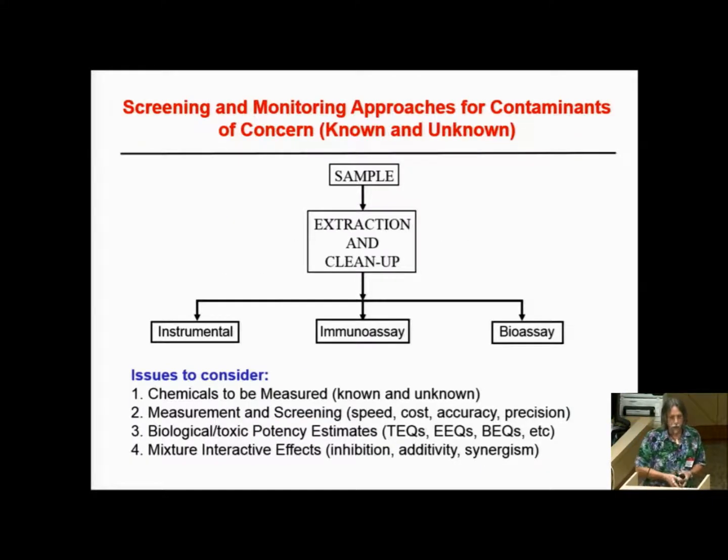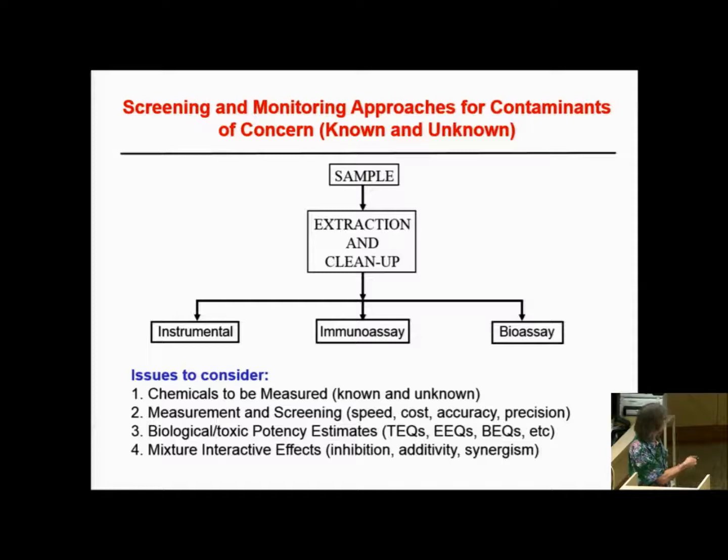When we think about taking samples, we've got samples, we want to know what's in them. Those samples go through an extraction and cleanup procedure, and then they're subjected to one of a variety of different kinds of assays. Either they go into instrumental analysis, which is really the gold standard, where you know exactly what you're looking for and can measure the exact concentrations.